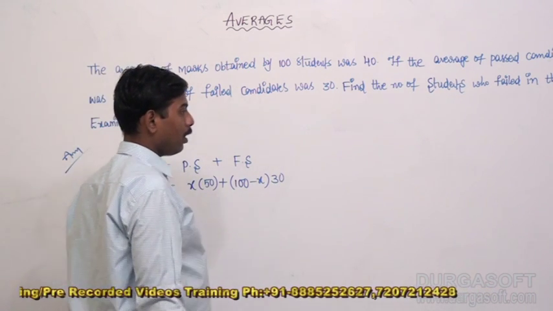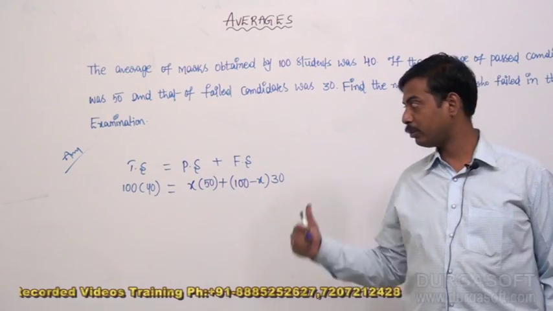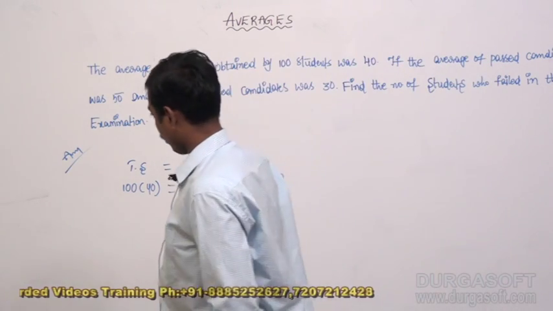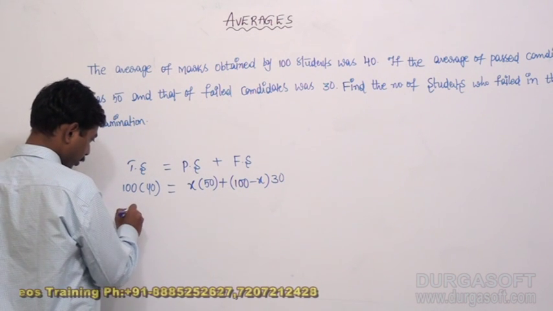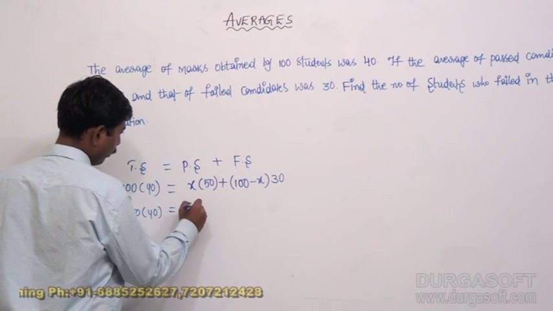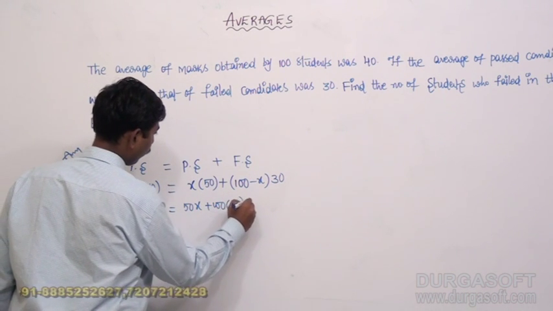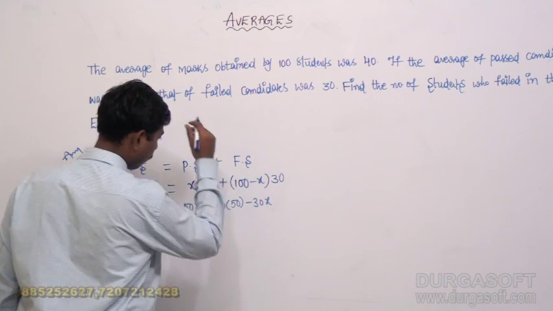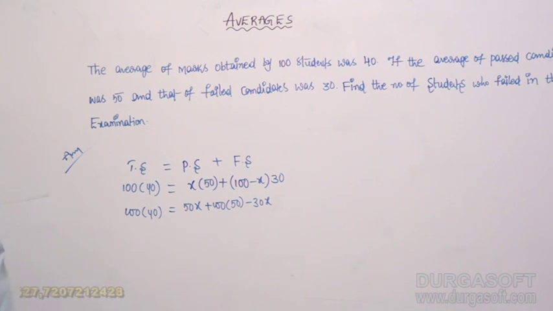Total summation is equal to the sum of the passed candidates and failed candidates. That is what we have mentioned here. Total summation is how much? 100 into 40, equals 50x plus (100 minus x) into 30. The passed candidates' average was 50 and the failed candidates' average was 30.